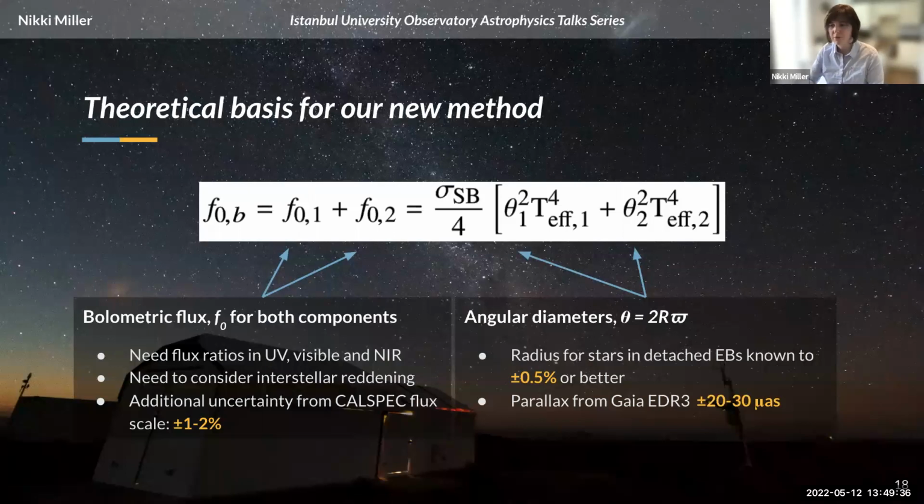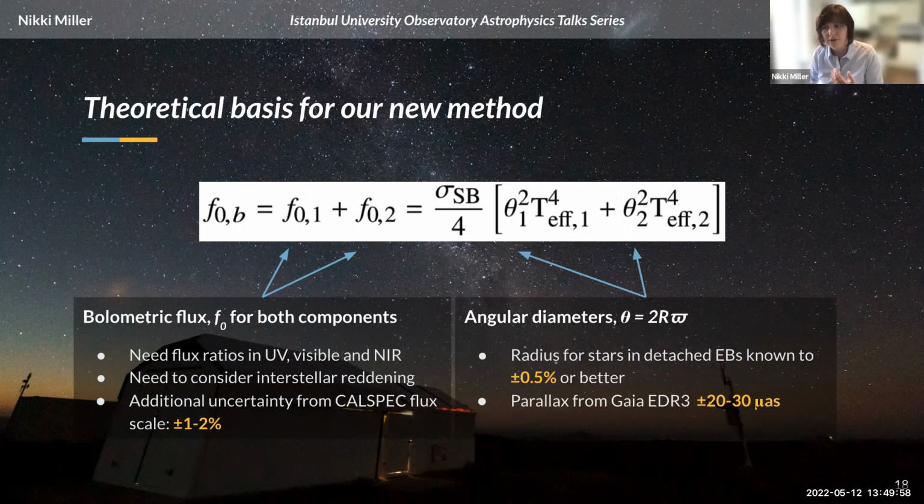A flux ratio measurement is taken using a light curve. When there's a total eclipse, for example, it's easiest to do this. You can determine how much flux comes from each component.